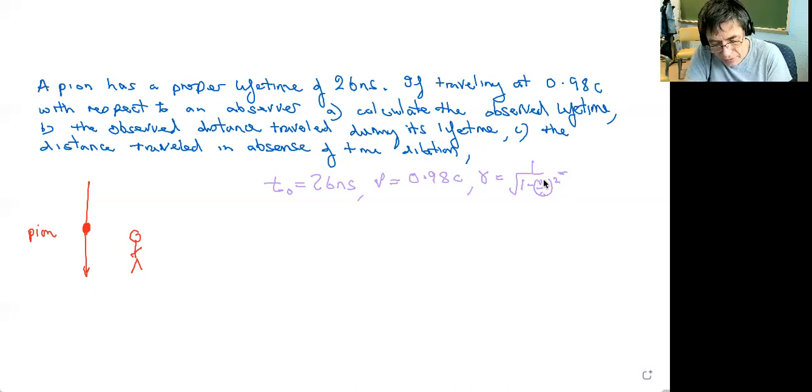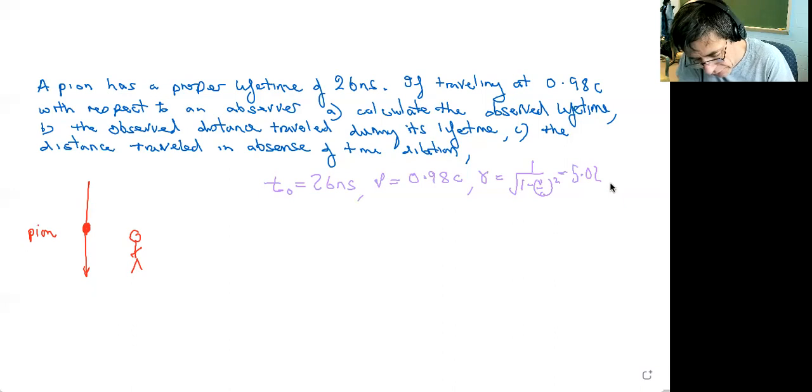Since we know V is 0.98 times the speed of light, and we're dividing here by the speed of light, this factor in parentheses is 0.98. We've got to square it, take the difference between 1 and that value, and then take the inverse of the square root. I did that ahead of time. I got 5.02 for the Lorentz factor.